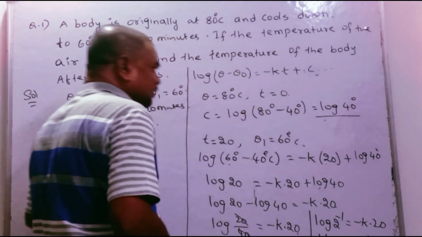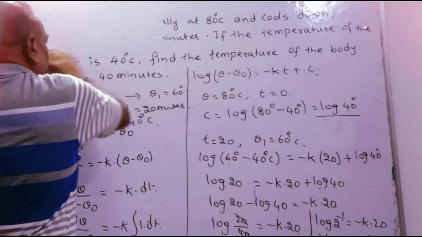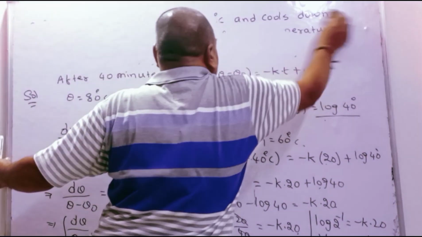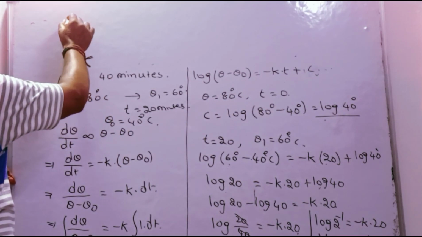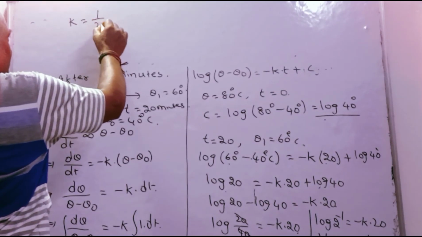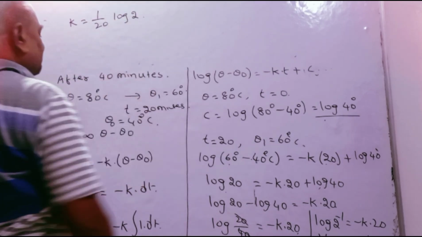From this we find the k value: k equal to 1 by 20 into log 2.